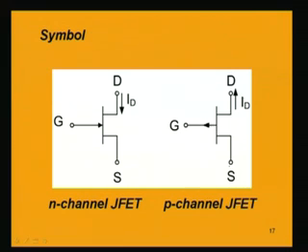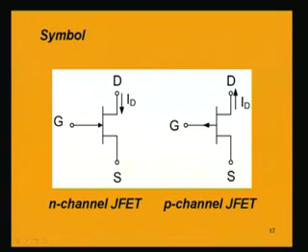Now, the direction of the arrow from the gate is actually indicative of the direction of the current in the channel. If it is N channel, the current will be from the P region to the N region.